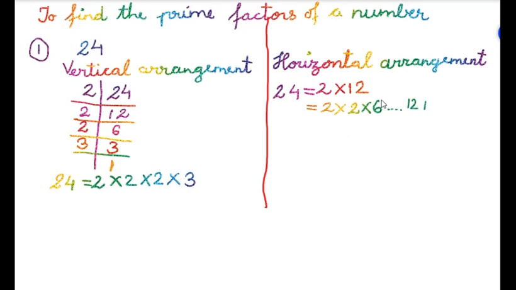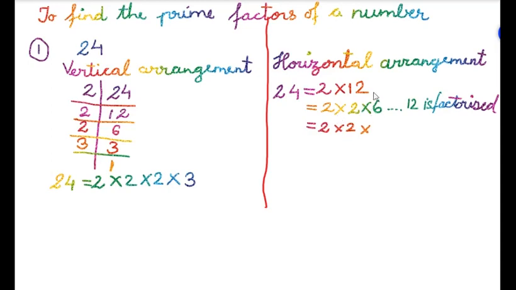Now the next step. Still we are having a composite number. What is that? 6. So see what I will do. First two numbers I will write as it is. 2 multiplied by 2 multiplied. See here? 2 and 2 I wrote as it is. Now I will find factors of 6.